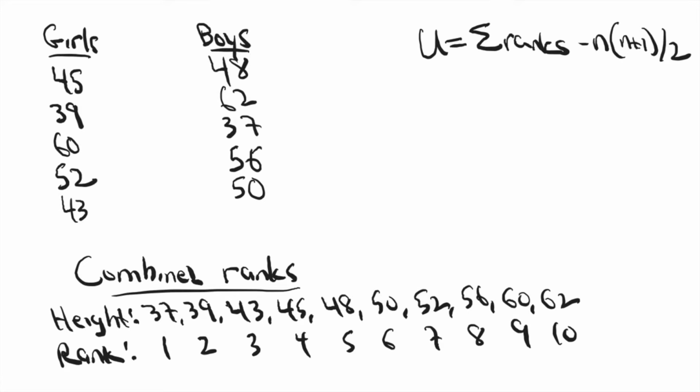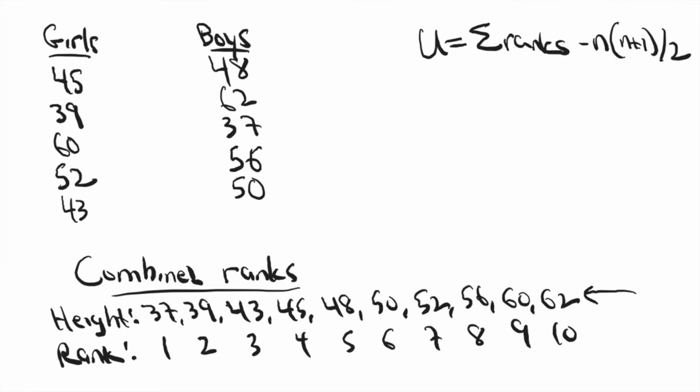So what you do in a Mann-Whitney U-test is you first arrange the data. When you combine the two groups and you arrange the data from smallest to largest. And that is this row here.